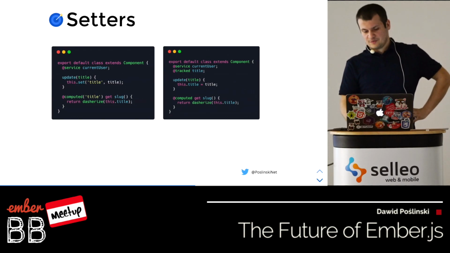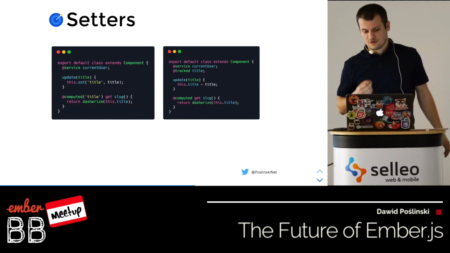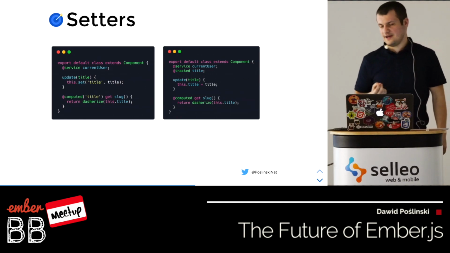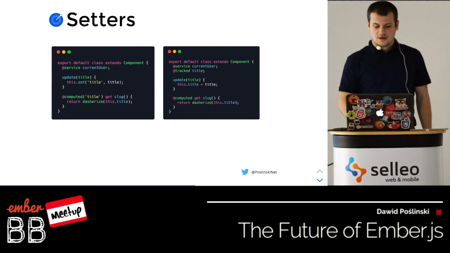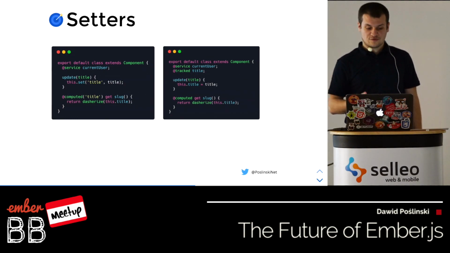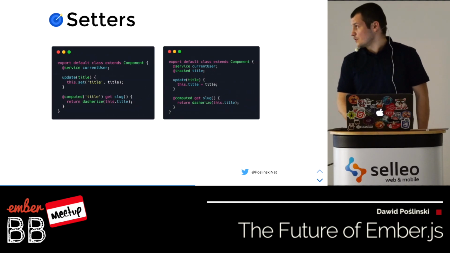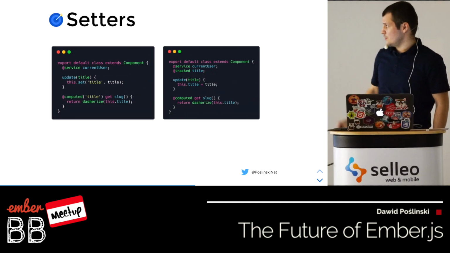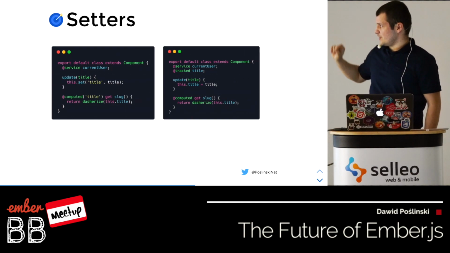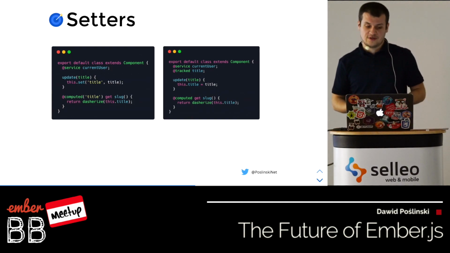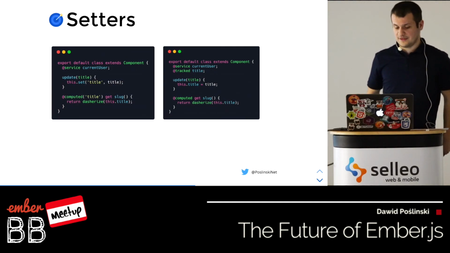and title uses the classic set method approach that was available in the past, which of course notifies every computed property that was looking at the title. That was pretty useful because once we, for instance, use a slug in our template, even if we called update title, it was automatically notified and updated in the template.